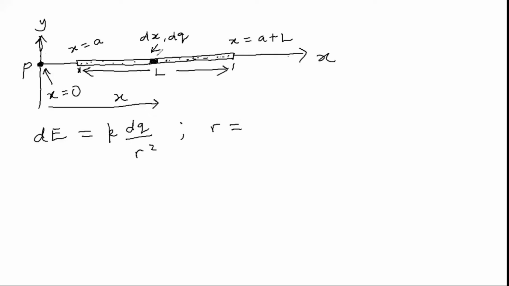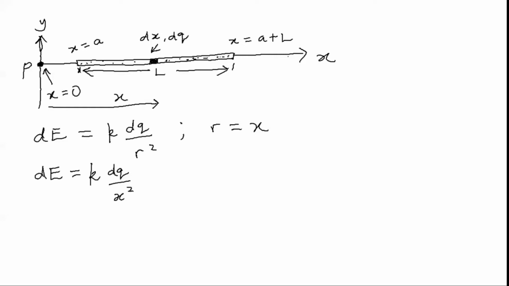And so r is equal to x, and x is basically our variable. So we are saying that dE will just be given by k dq over x squared. I'll not talk about the direction for now. I'm just looking at the magnitude.